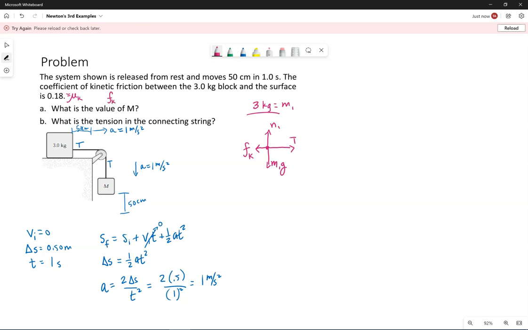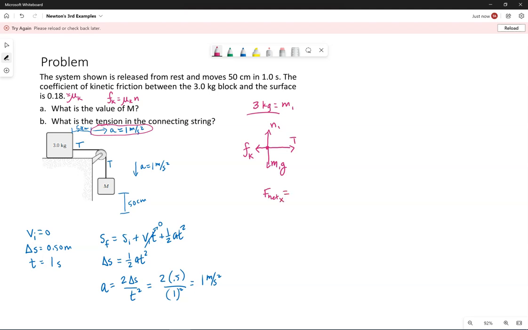You hopefully remember or can look up that the force of kinetic friction is equal to the coefficient times the normal force.